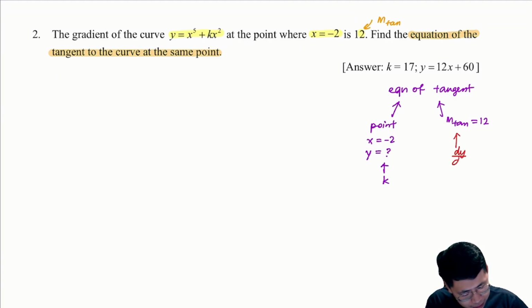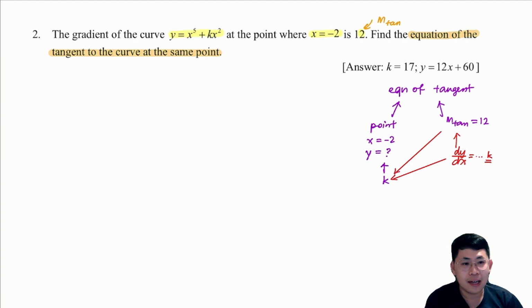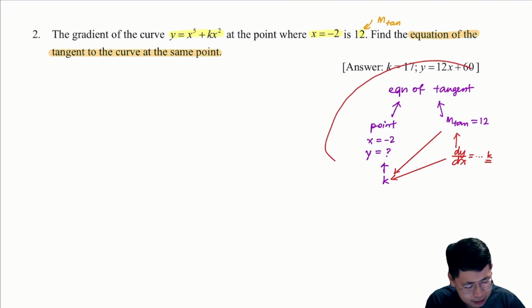It comes from dy dx, and the dy dx will probably have some k inside the expression. Because of that, we can make use of dy dx and the fact that the gradient of tangent is equals to 12 to find the value of k. So this is our game plan already. We'll start with differentiation, and we'll link k with this gradient of tangent.